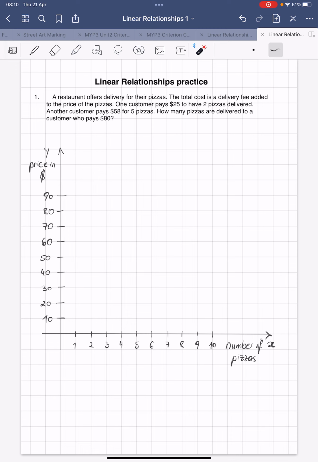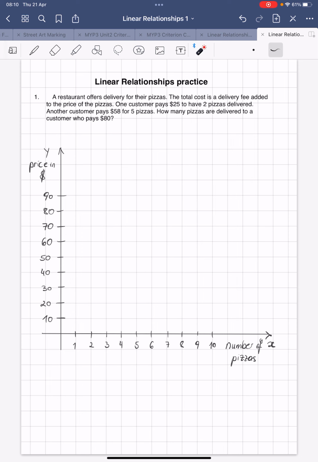So now I would like you to pause the video and try to draw this point and this point on your graph, and connect the two with a straight line. And this straight line should not stop at these points, but it should go on in both directions.